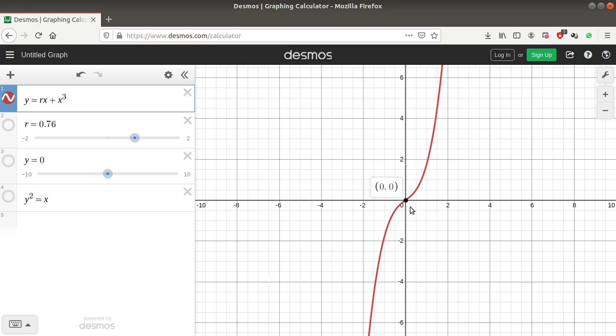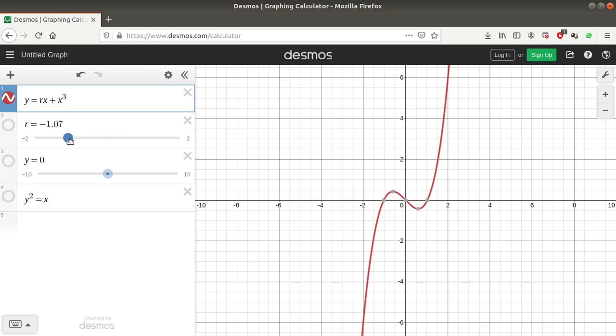Okay, so when r is positive there is only one fixed point, but that fixed point is an unstable fixed point, and when r becomes negative, this fixed point becomes a stable fixed point where these two fixed points are unstable fixed points.